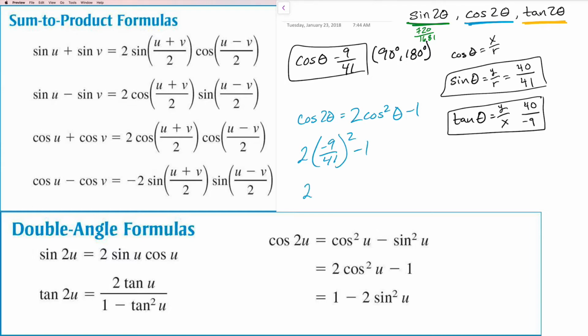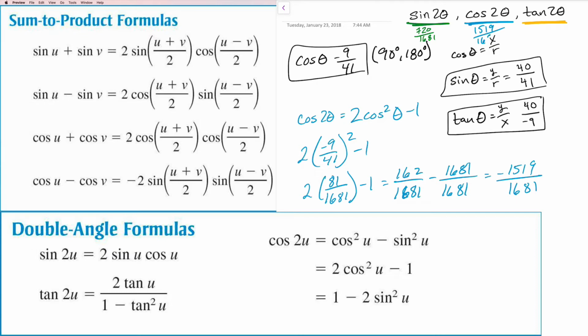So simplified, that comes out to 162 over 1681 minus 1. And since I have 1681 as a denominator, I'm going to pick a number that will give me the same denominator, and that will give me a value of negative 1519 over 1681. And that's the value for cosine 2 theta. All right, so let's clean up our board here.